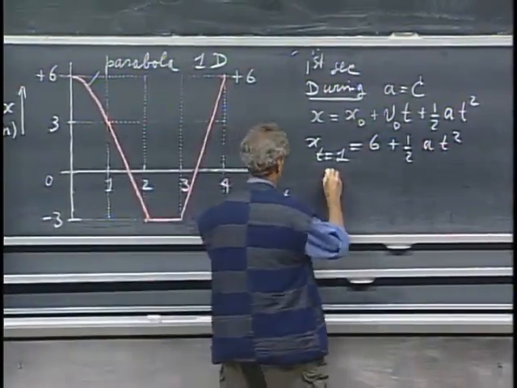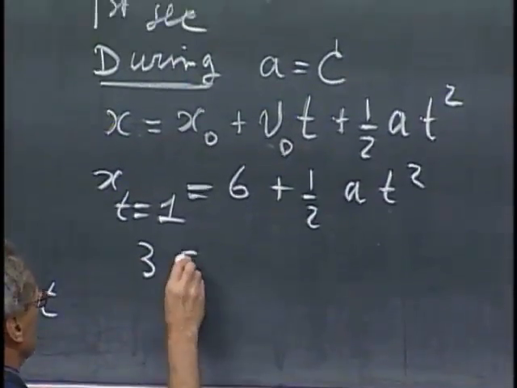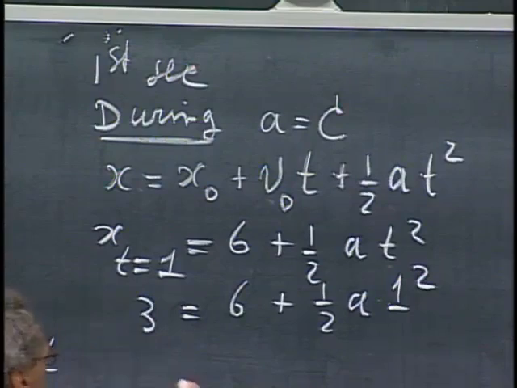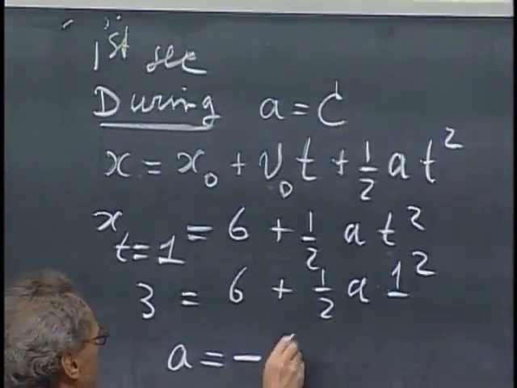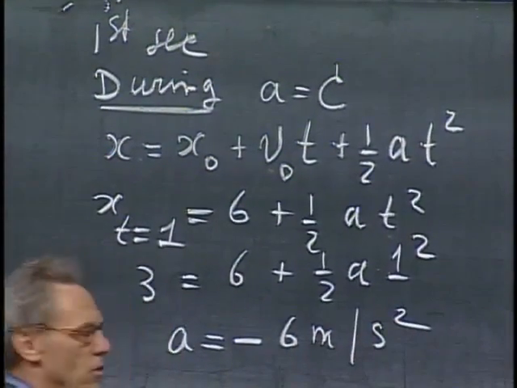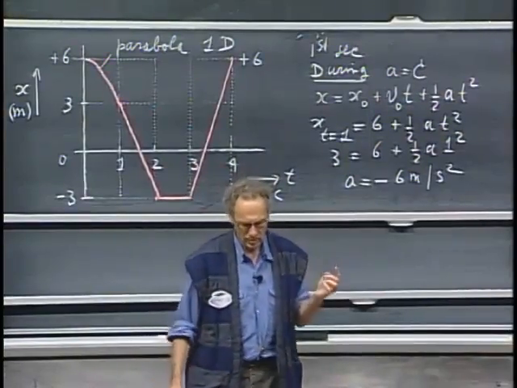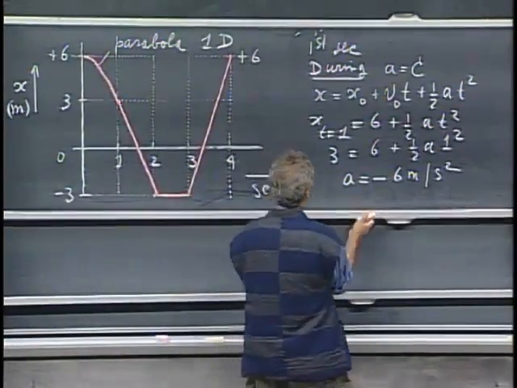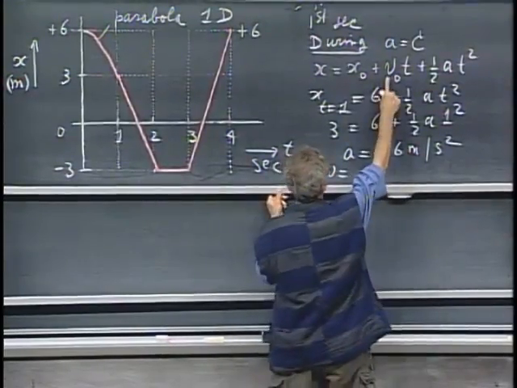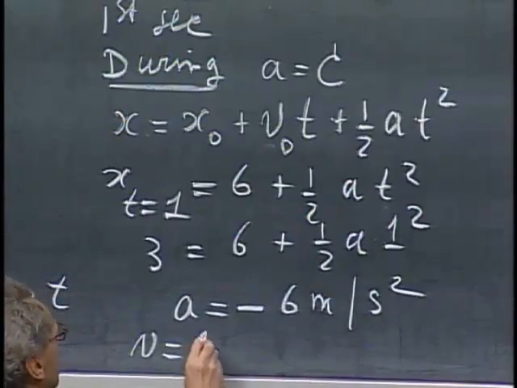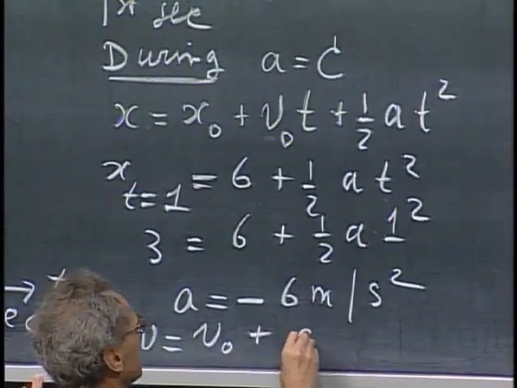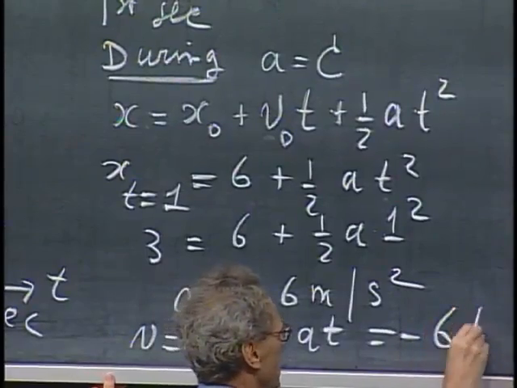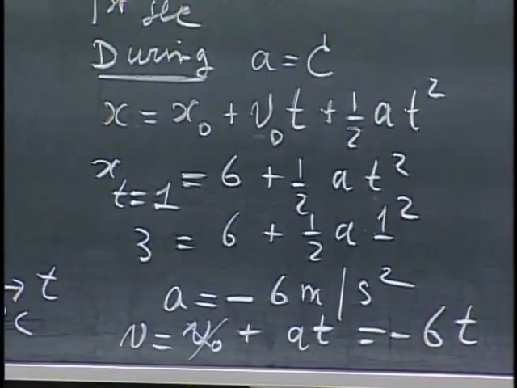And so when it is at 3, I have 6 plus 1/2 a times 1 squared, and so you'll find that a equals -6 meters per second squared. So during this first second, the acceleration is -6 meters per second squared. And the velocity v, as a function of time, is the derivative of this one, is v0 plus at. v0 was 0, and so that is -6 times t. So the velocity is changing in a linear fashion.